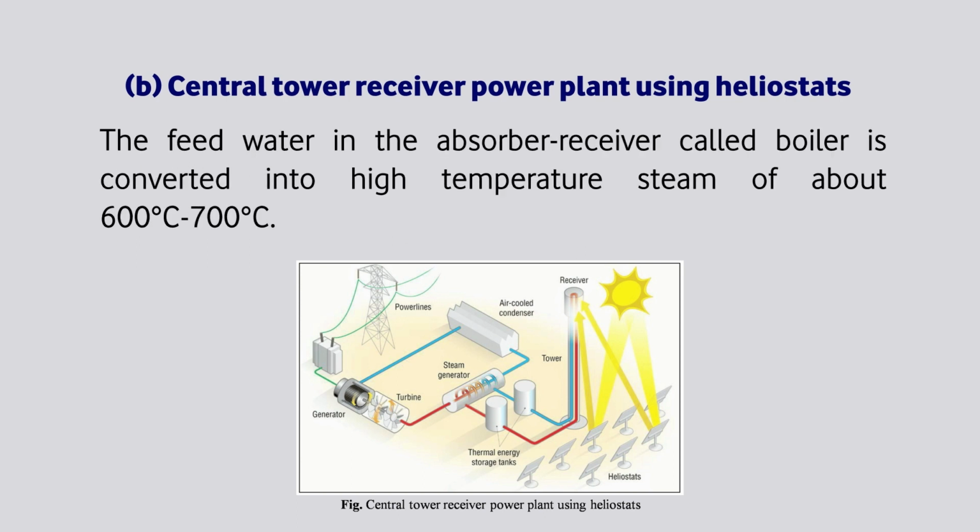The feed water in the receiver, called the boiler, is converted into high temperature steam of about 600 degrees centigrade to 700 degrees centigrade. This steam is supplied to a conventional steam power plant coupled to an electric generator to generate electrical power as shown.